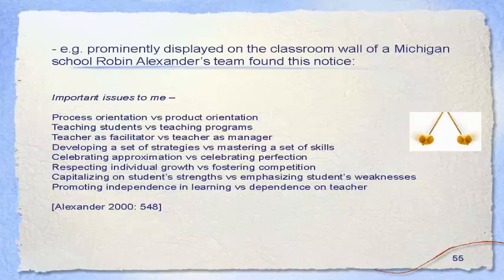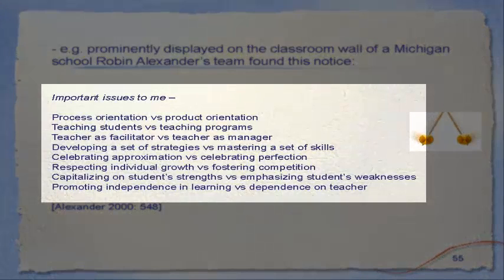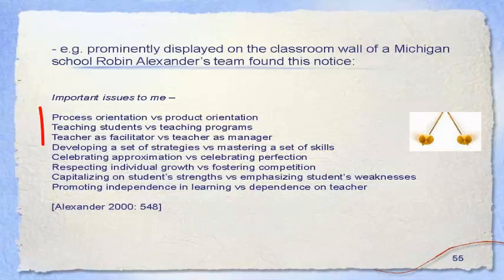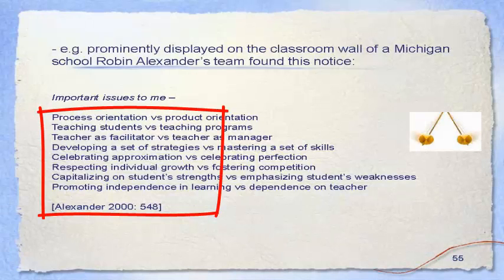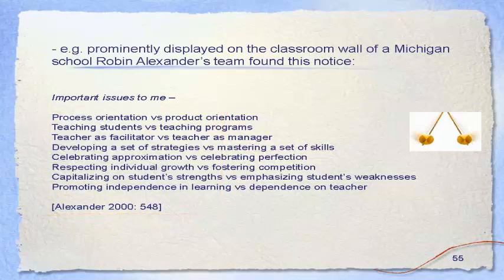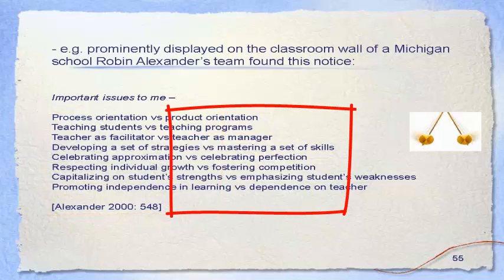The important issues to me: process orientation versus product orientation, teaching students versus teaching programs, teacher as facilitator versus teacher as manager, developing a set of strategies versus mastering a set of skills, celebrating approximation versus celebrating perfection, respecting individual growth versus fostering competition, capitalizing on student strengths versus emphasizing students' weaknesses, promoting independence in learning versus dependence on the teacher. And this is the side of the angels over here, and here are the devils, the bad guys.